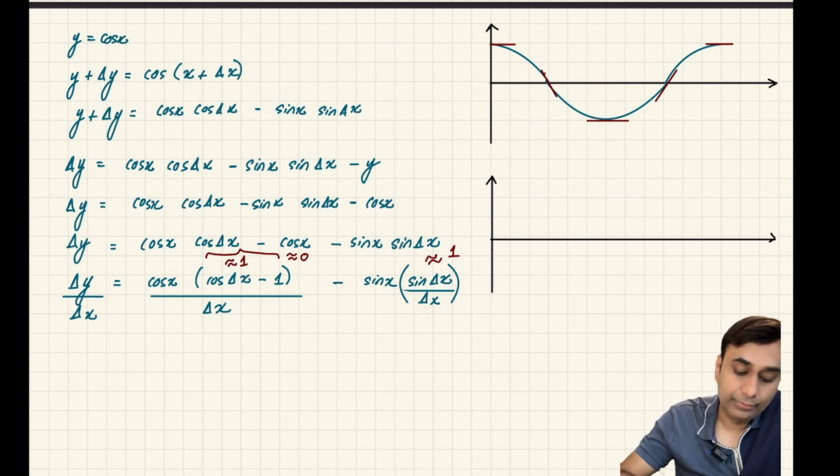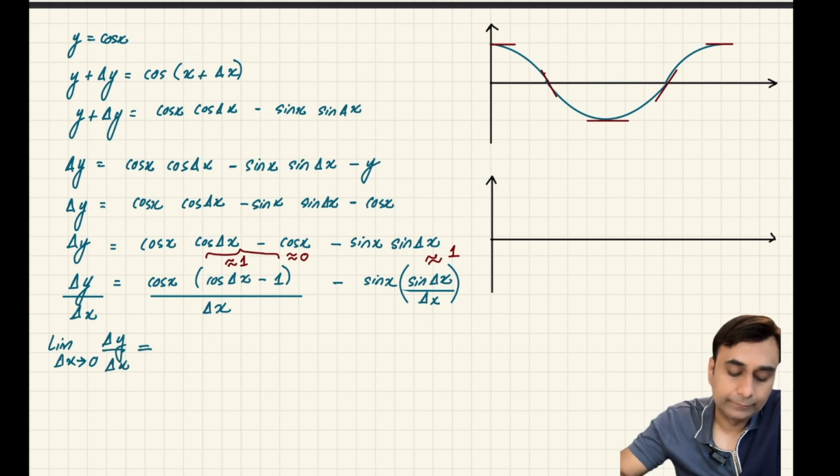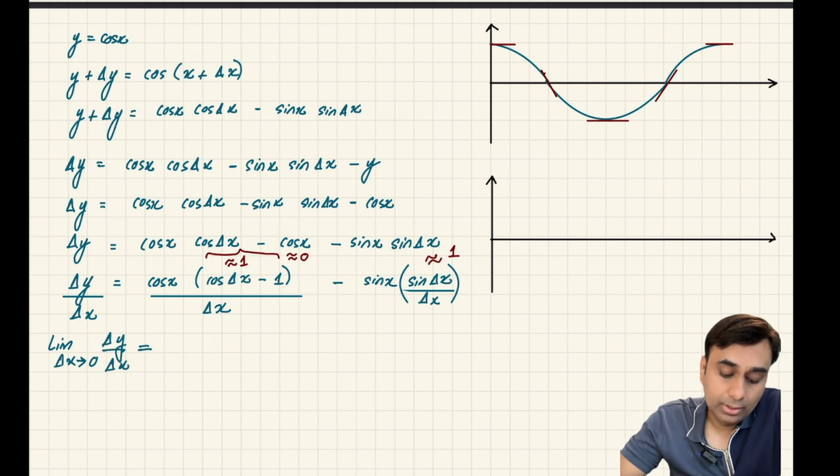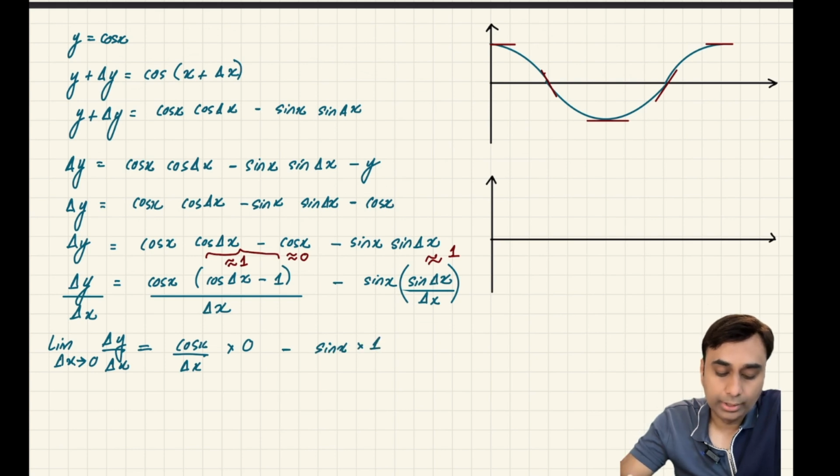So when I apply these concepts and put the limit delta x approaching 0, delta y over delta x is going to become cos x over delta x times 0 minus sine x times 1.